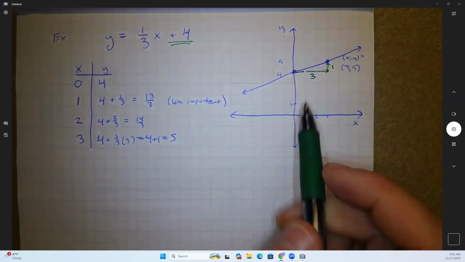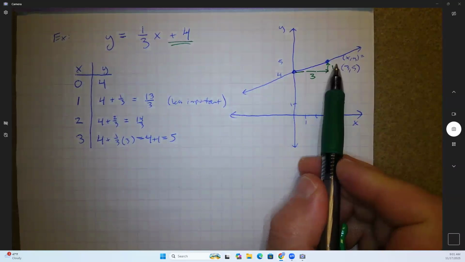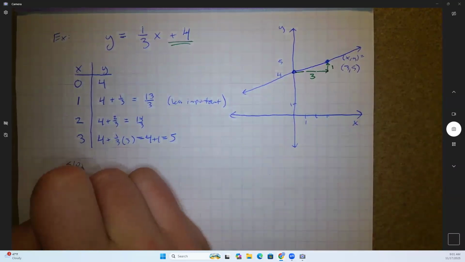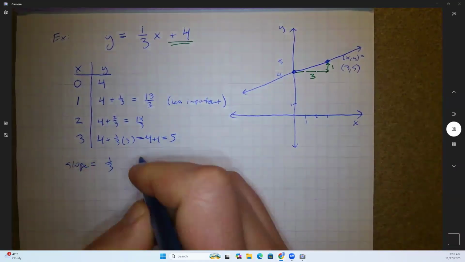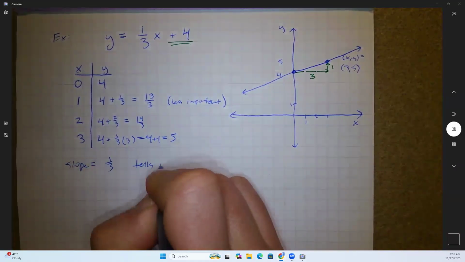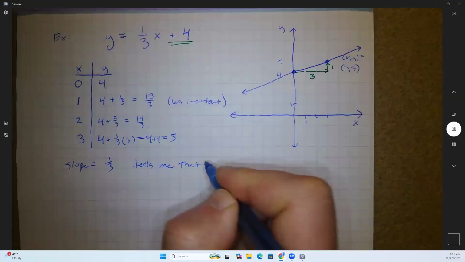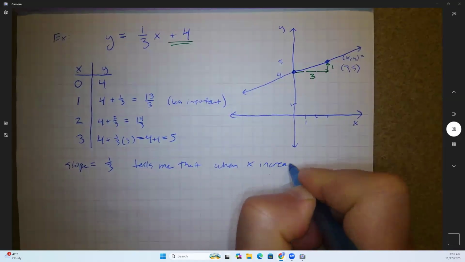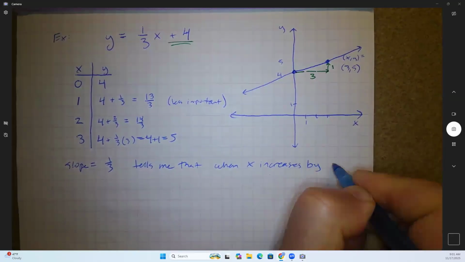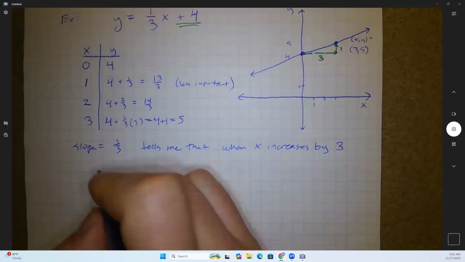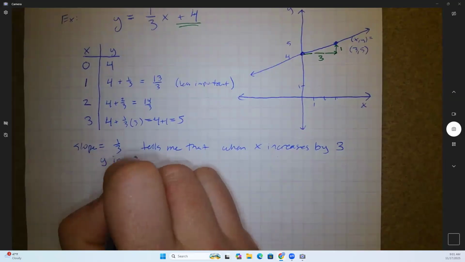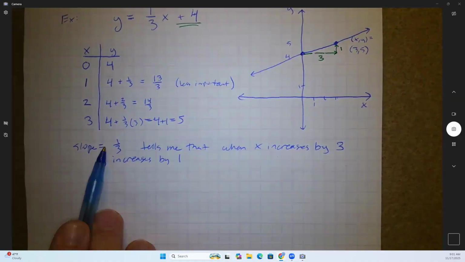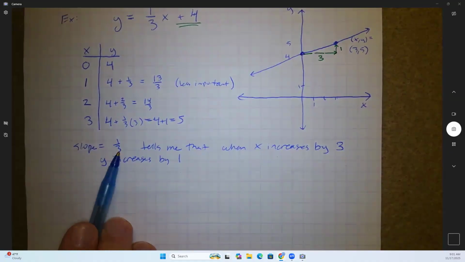And in this case, notice that it's when x increases by 3 that y increases by 1. So the slope, which is 1/3, tells me that when x increases by 3, y increases by 1.